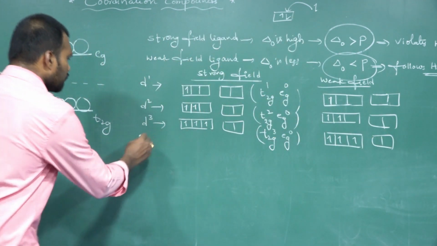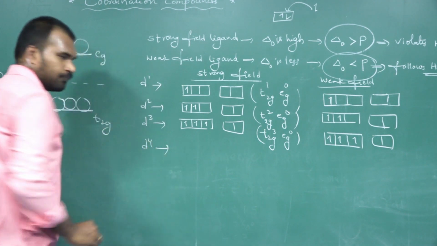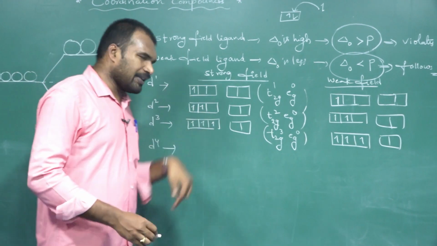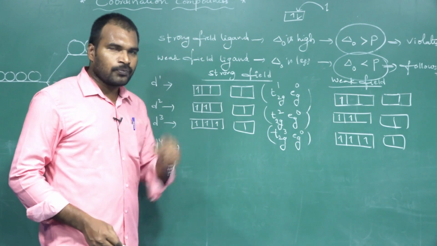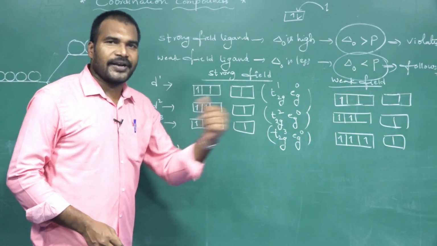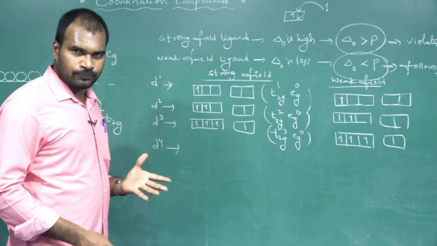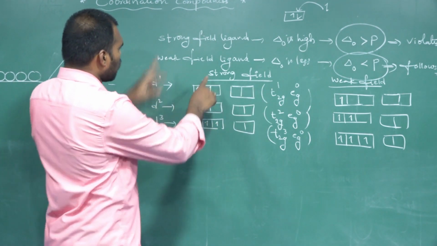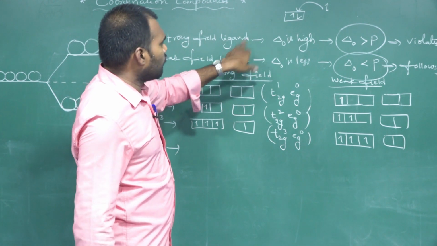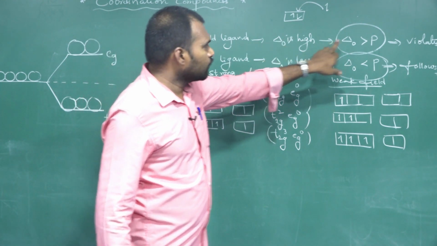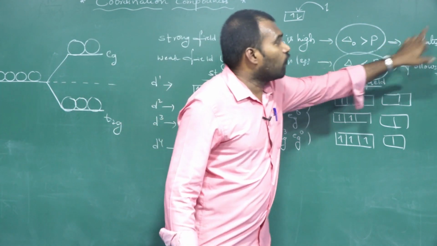But coming to the d4 configuration, now already 3 electrons are there. The upcoming 4th electron, where should it enter? Is it entering into the t2g set or the eg set? In the case of strong field ligands, I told you the del value is very high. If del value is greater than P, they violate Hund's rule.